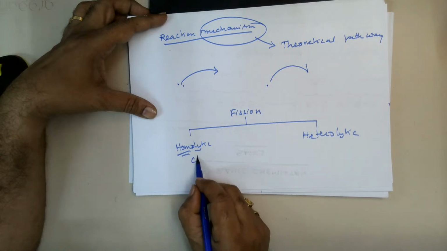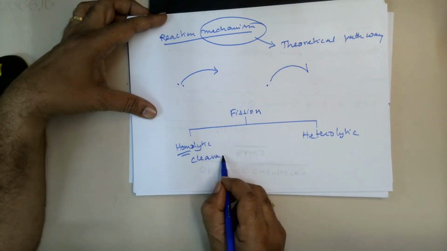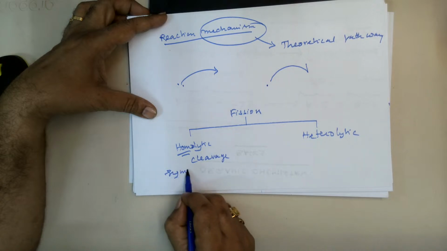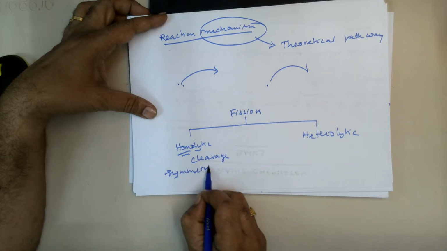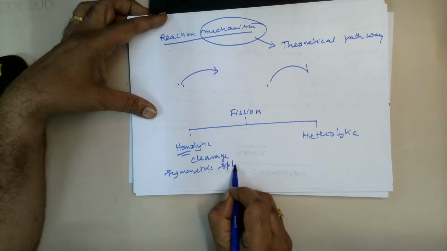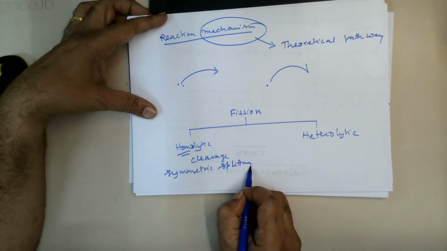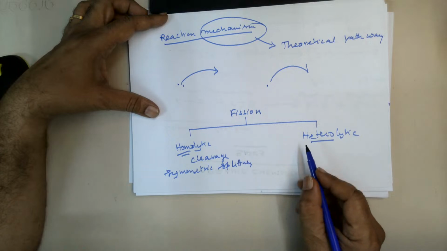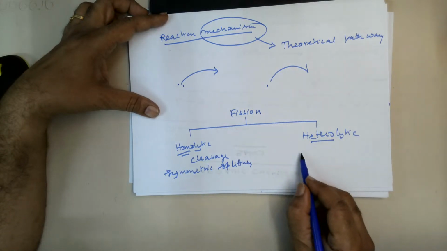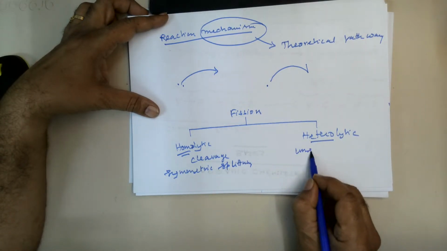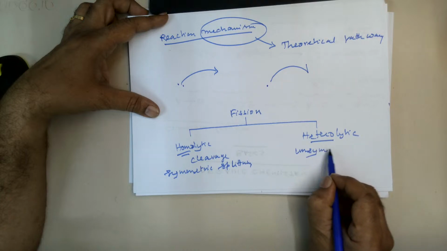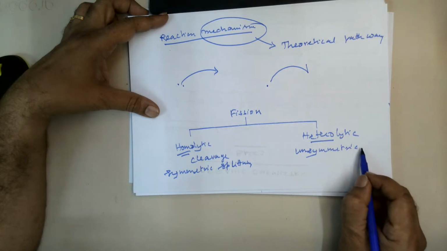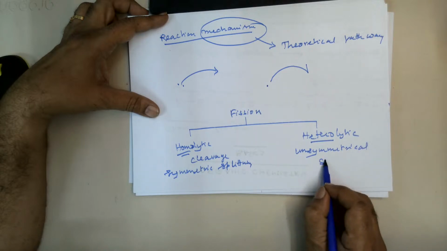So homolytic cleavage means symmetric splitting. Hetero means different. So this results in heterolytic cleavage, that is unsymmetrical splitting.